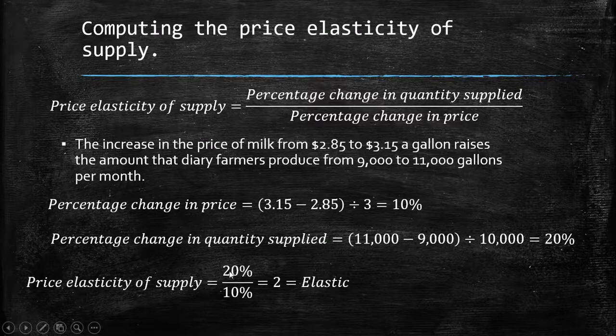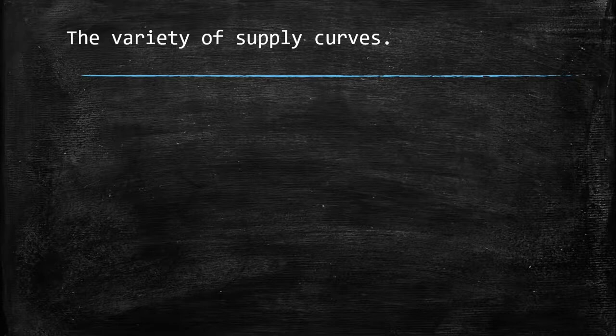Now I divide 20 over 10, which is the change in quantities over the change in price. If you see here it's 2, so the change in quantity responds by more than the change in the price. So it's elastic. So for the supplier, it's kind of easy, between quotation marks, to adjust quickly to the change of prices in the market.